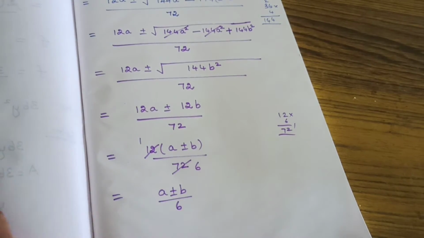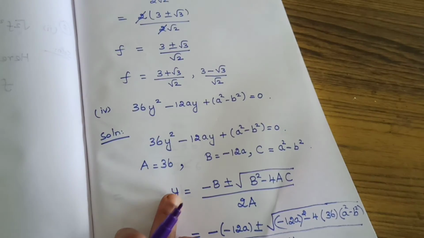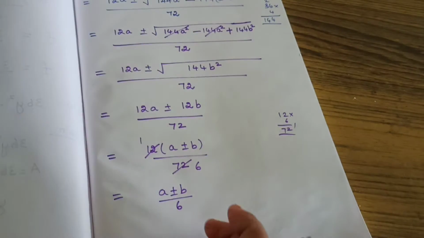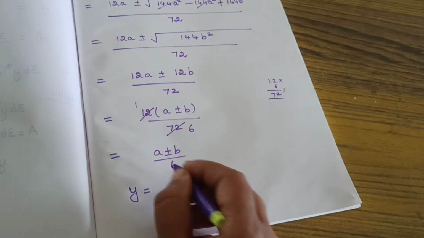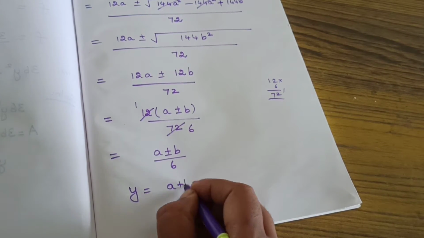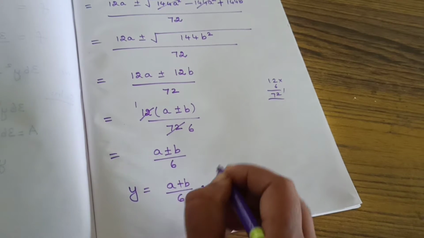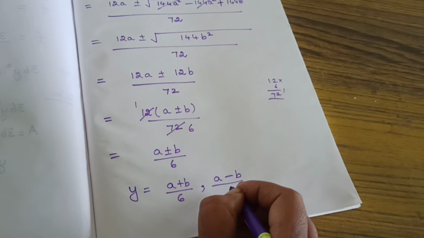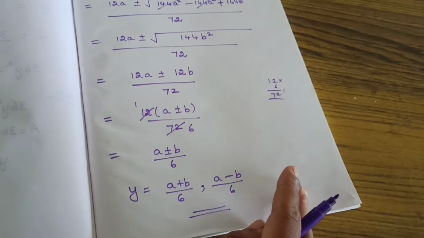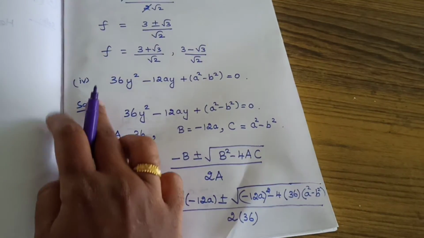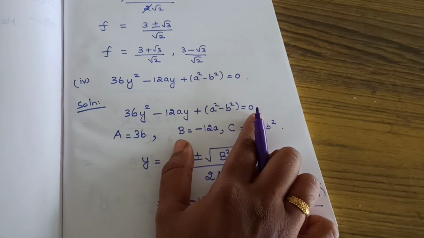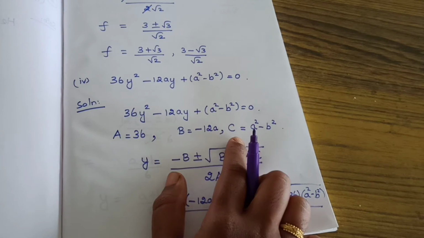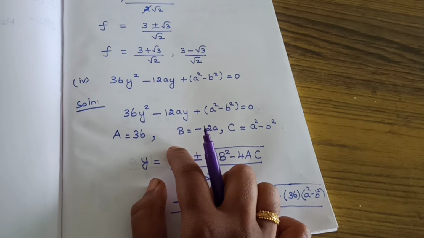Here what is the variable? The variable here we are seeing y. So y is equal to, here two terms, a plus b by 6, comma, a minus b by 6. That's all. Easy, no? Listen one more time, the fourth problem. First I wrote the question, after that A, B, C. Here why are we taking capital letters?